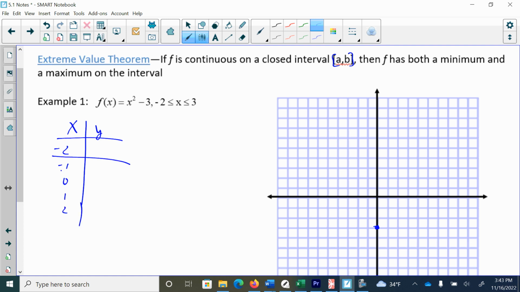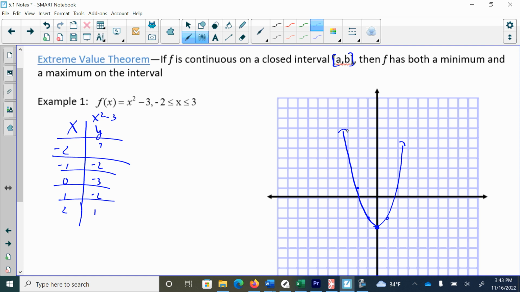Then your y values would be when I put in x squared minus 3. So this would be 1, -2, -3, -2, 1. When I plot those points, I get a graph that looks something like this.